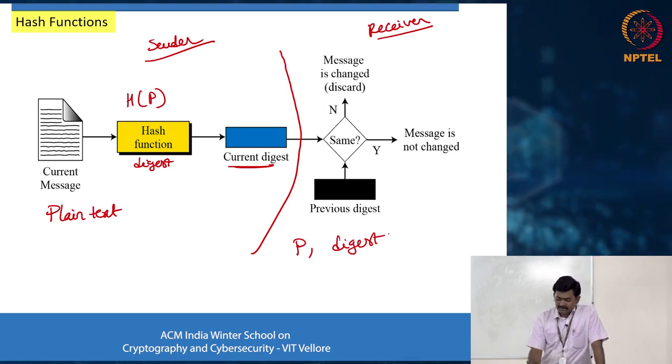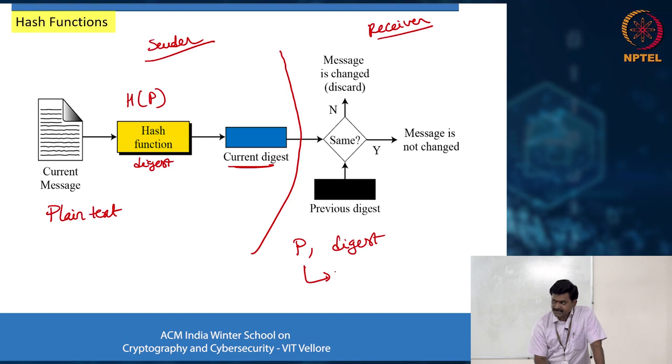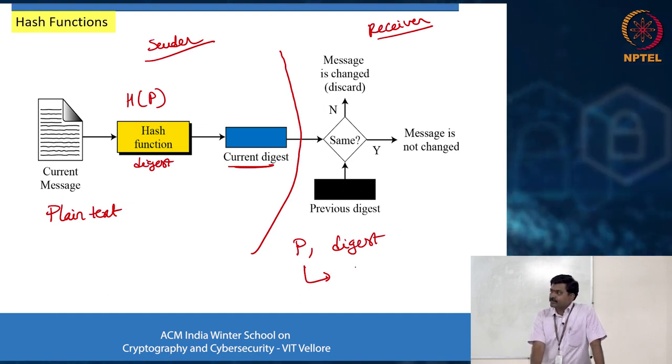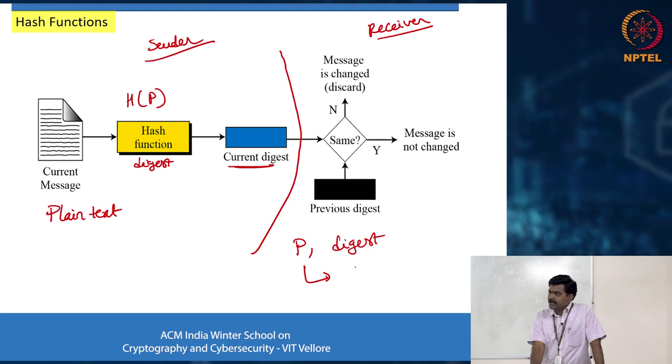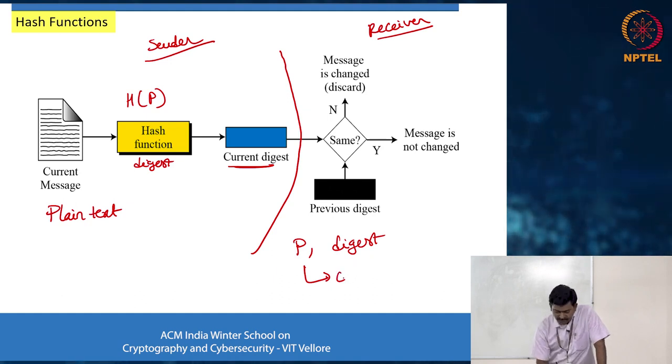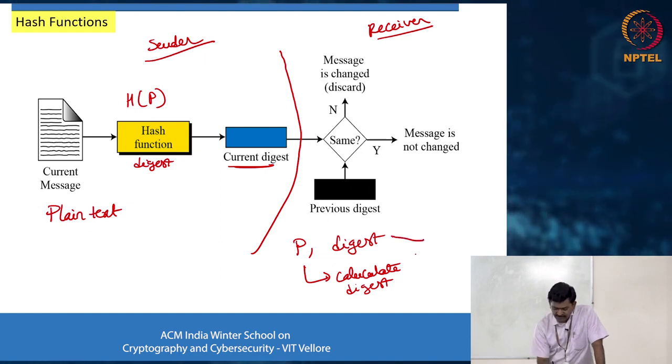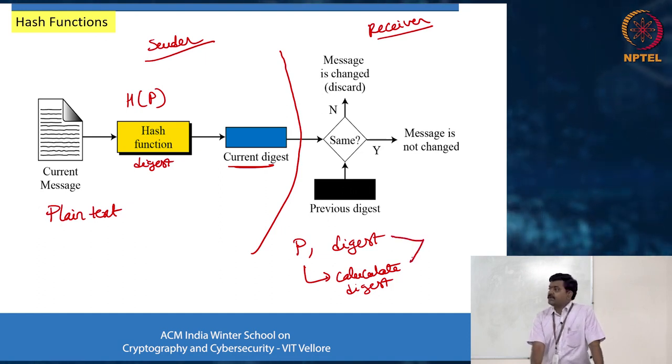At the receiver, they calculate the digest over the plain text. Once they calculate the digest over the plain text, what do they do? They check whether the received digest and the calculated digest are the same or not.